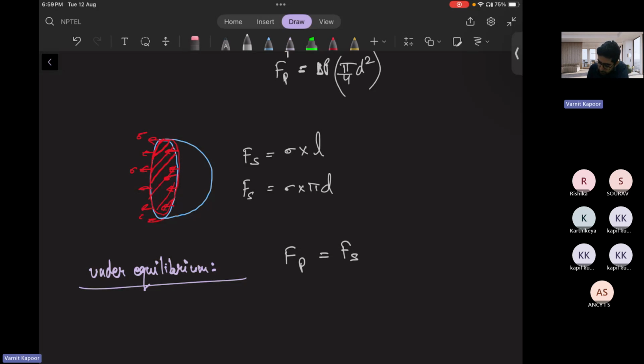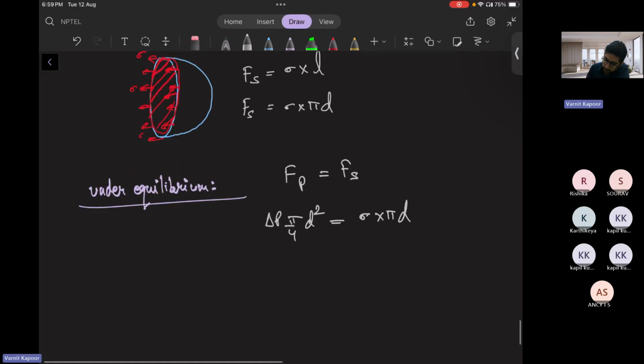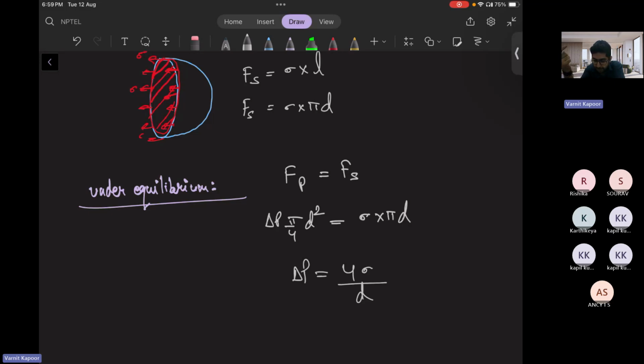So what was Fp? It was delta P into pi by 4 d square, whereas Fs is nothing but sigma into pi d. If you evaluate from here, the pressure difference is nothing but 4 sigma by d. And this is your pressure difference.